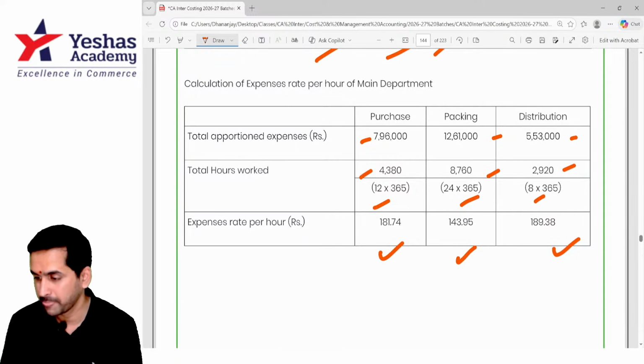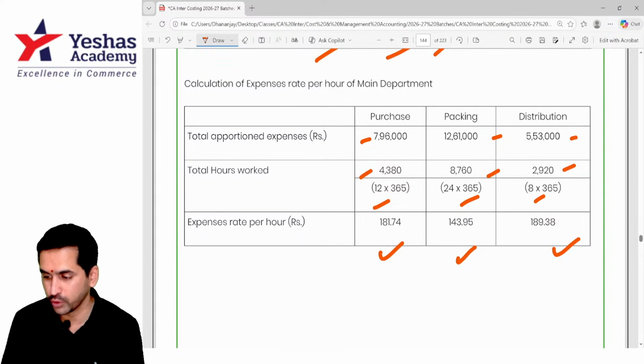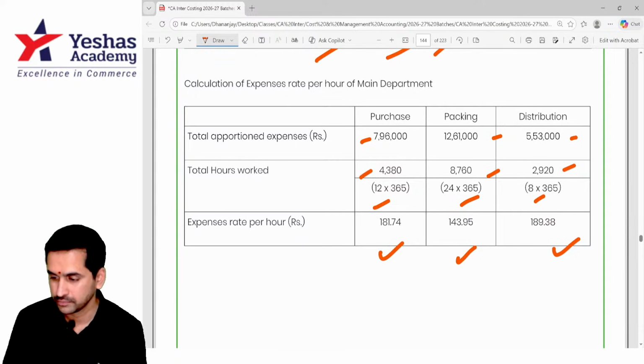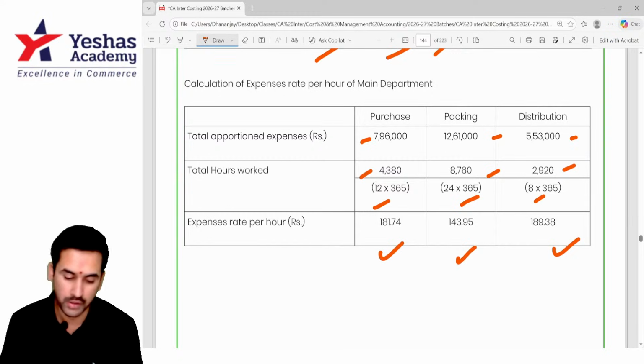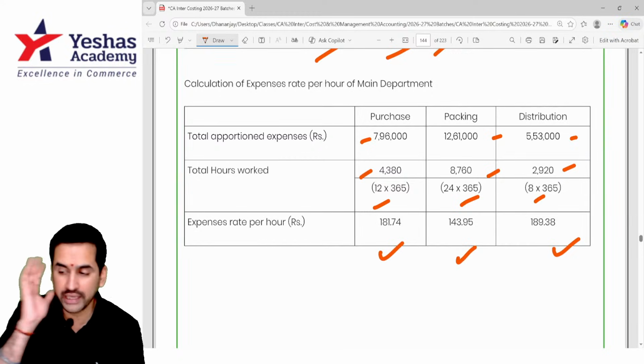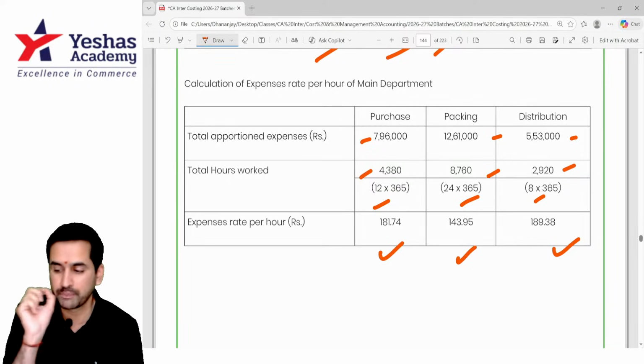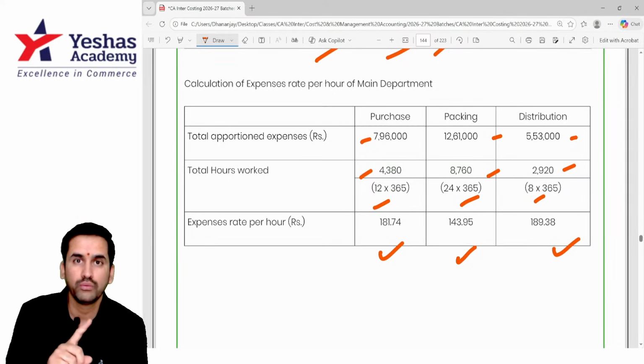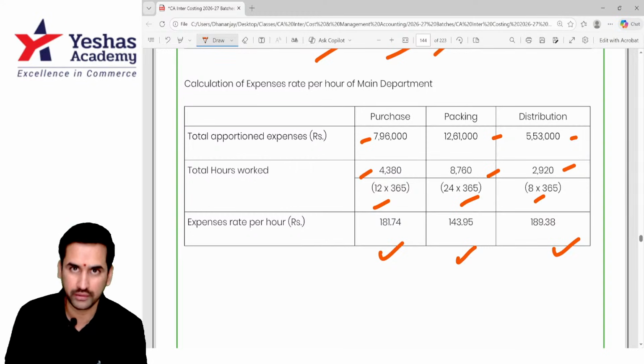Okay, everybody, can I move on? Yes. Always remember one thing in mind. In exam, the moment they use the word step ladder method, once I close S1, I should not open S1 again.